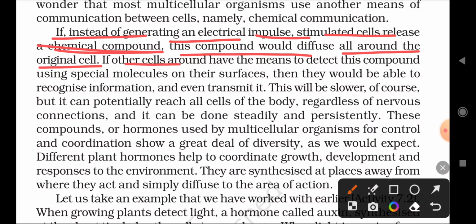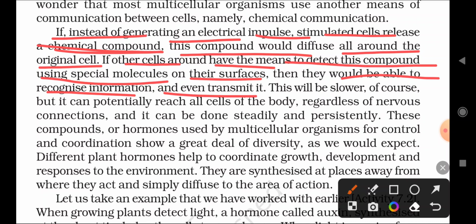If the other cells around have the means to detect this compound using special molecules on their surface, then they would be able to recognize the information and even transmit it. The animal body releases a chemical compound, and the surrounding cells detect it, recognize it and transmit it to the next cells.